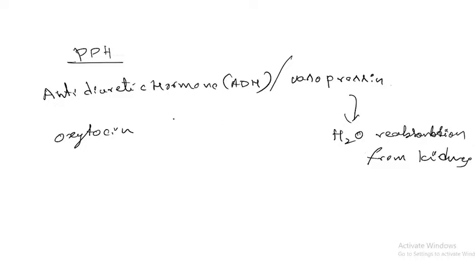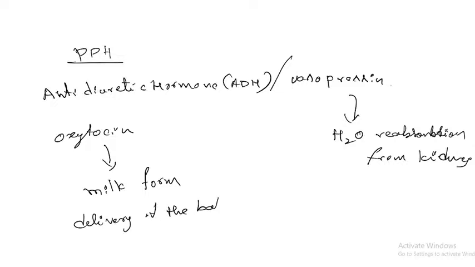Then oxytocin is responsible for milk ejection, and delivery of the baby at gestation.